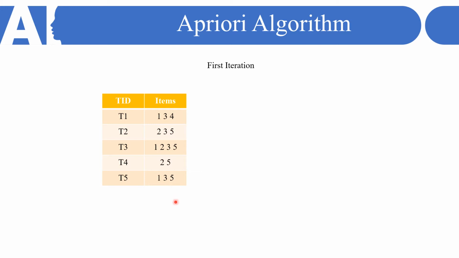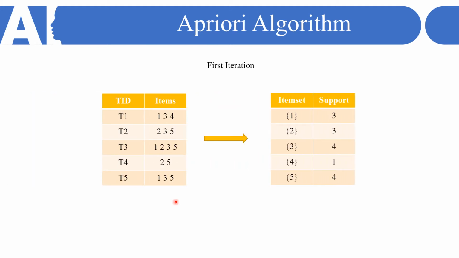So now we are going to find out the support for all these transactions. If I consider the item set of 1, then we have the different combinations like this. And here the minimum support count is given as 2.